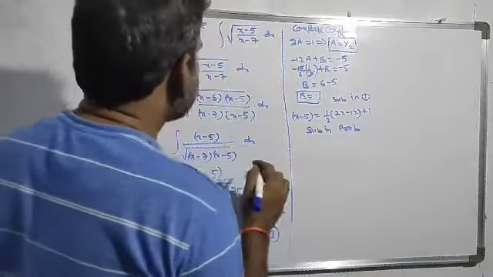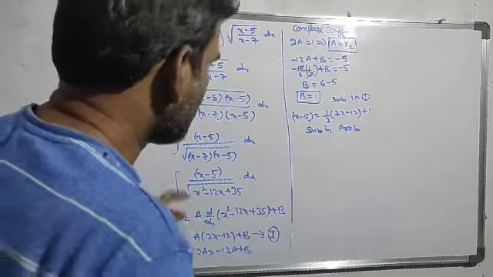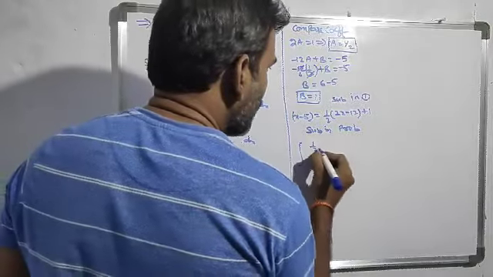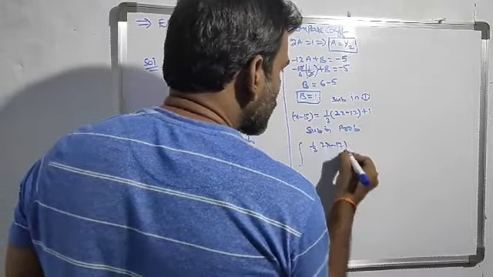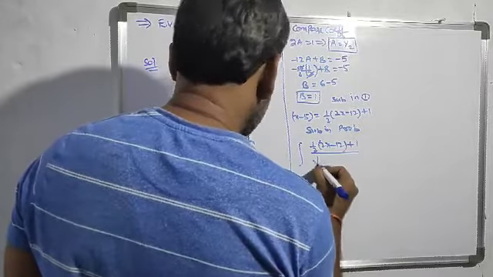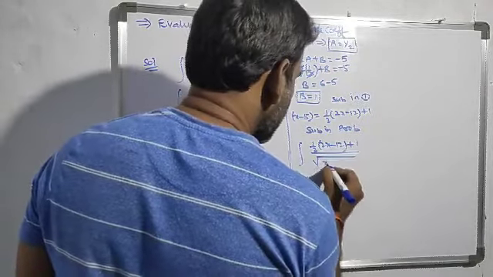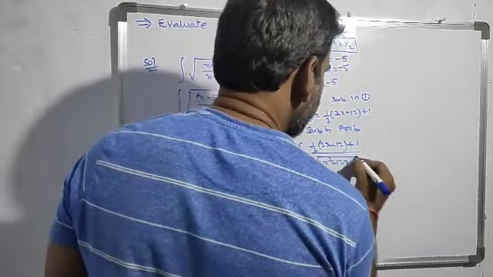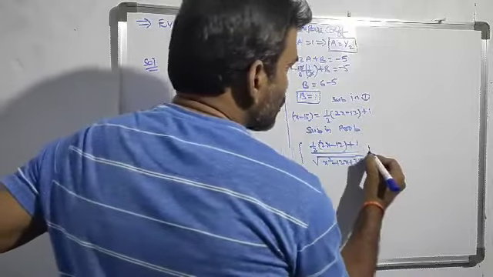So in the place of x minus 5, I have to take 1 by 2 into 2x minus 12 plus 1, by square root of x square minus 12x plus 35, the total into dx.